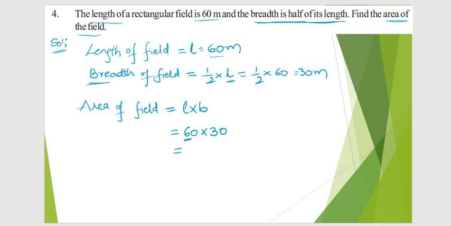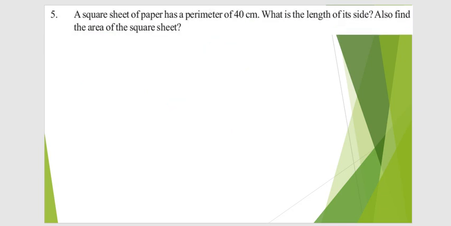Whenever you have zeros, other than the zeros, whatever we have, first we need to multiply. 6 3s are 18. Now these two zeros are left over, so we write them after this 18. Since the units are meters, area is meter square. So the area of this particular field is 1800 meter square. Now let us move on to one more question.